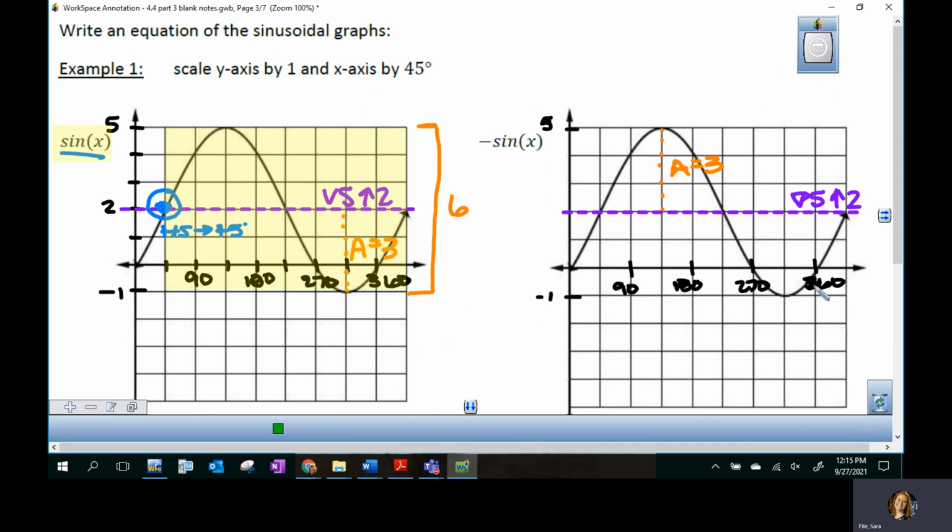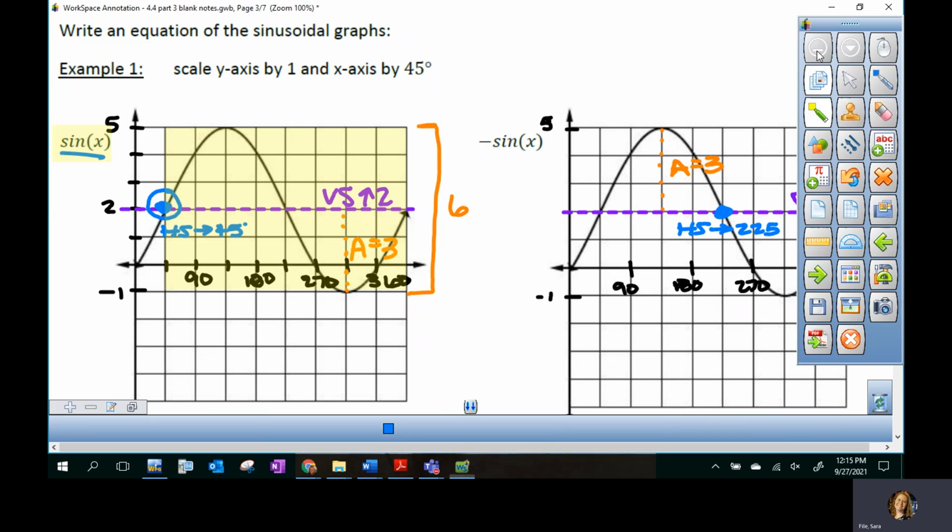Okay, so where would be a starting point on here for negative sine? Not 210. These are 45 degrees. So what's 180 plus 45? 225. There we go. So this one has a horizontal shift to the right, 225.